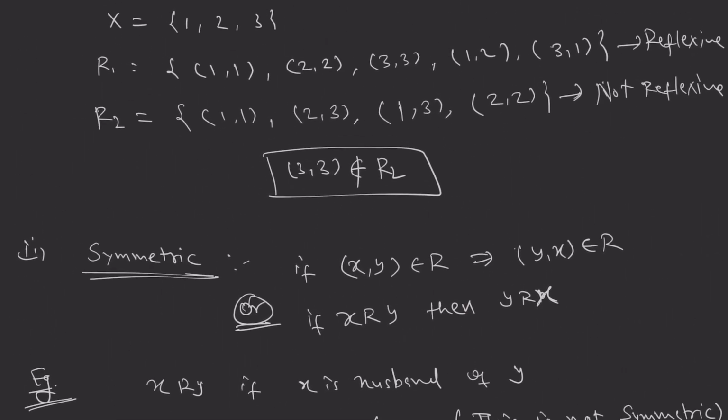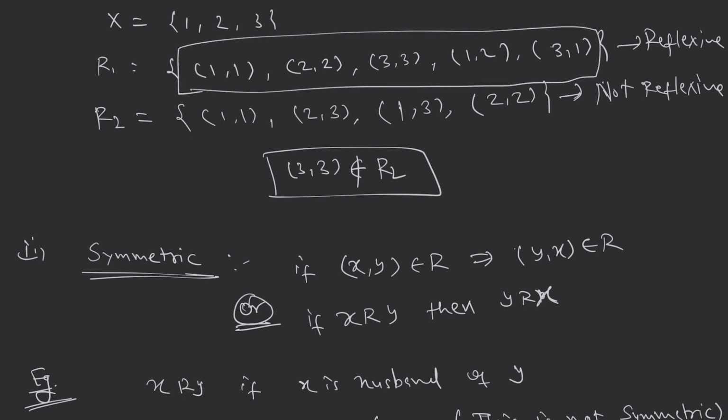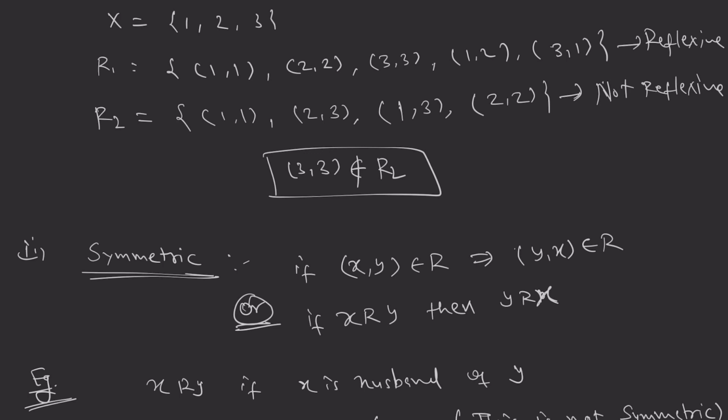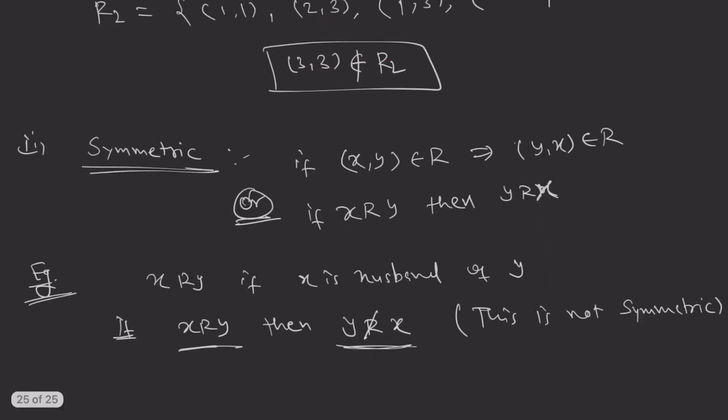Now look here, R1. Here you can see that 1 is related to 2, but (2,1) is not in there, so 2 is not related to 1, so this is not symmetric. Similarly here, (2,3) is there, but (3,2) is not there, so this is also not symmetric.